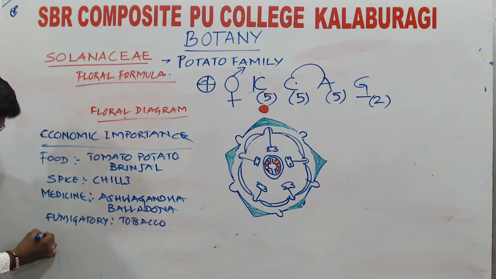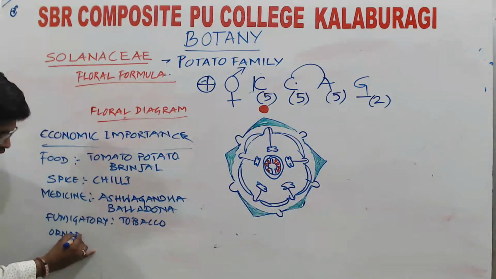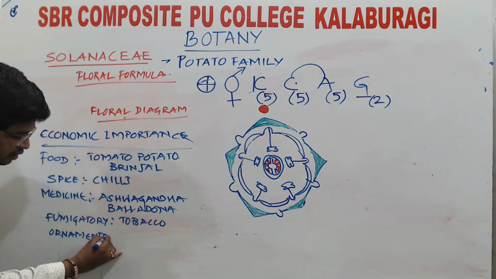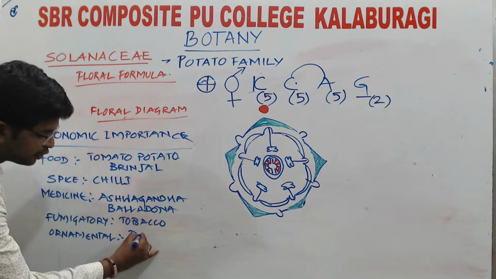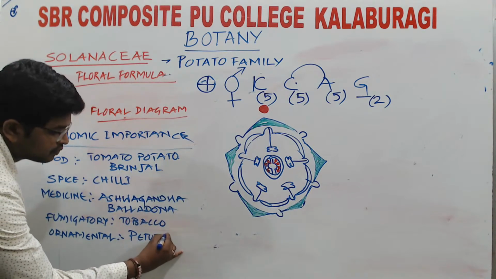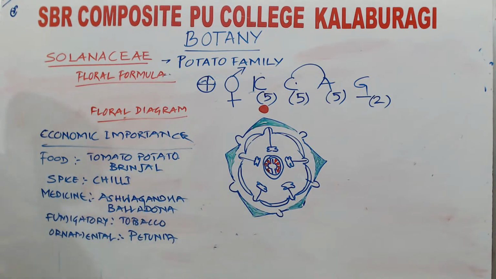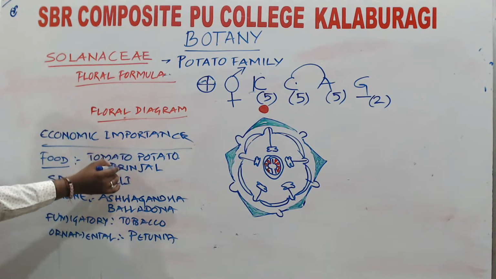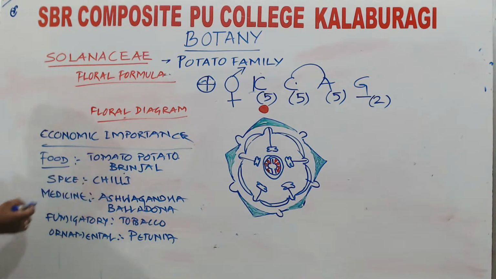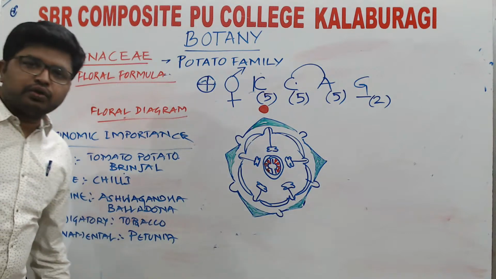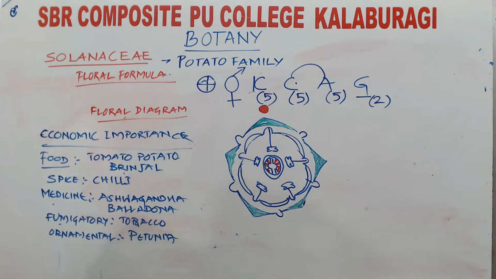Then last but not least, ornamental, that is petunia. You have to remember each class. Okay, food: tomato, potato, brinjal; spice: chili; medicine: ashwagandha, belladonna; fumigatory: tobacco; ornamental: petunia. These are the examples you should know of the Solanaceae family.